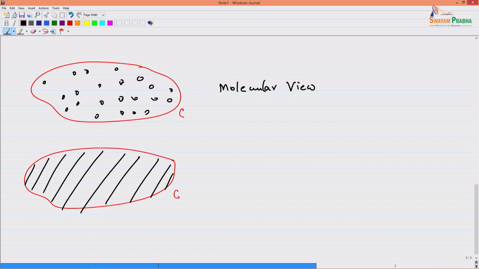So, you could have that. So, this is the continuum view. Basically, the continuum view is where we disregard the individual molecular properties or variations, right.